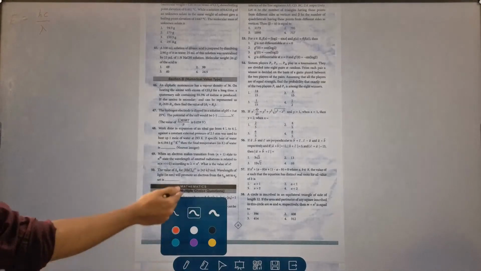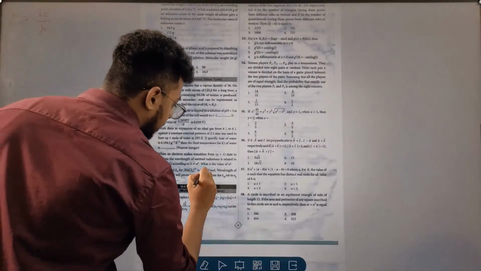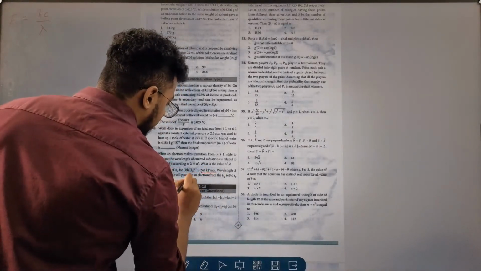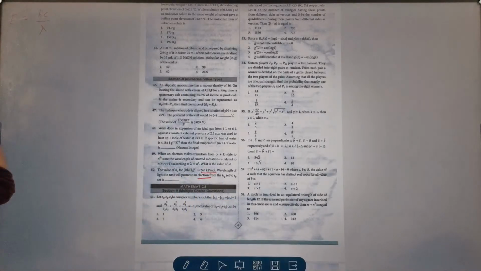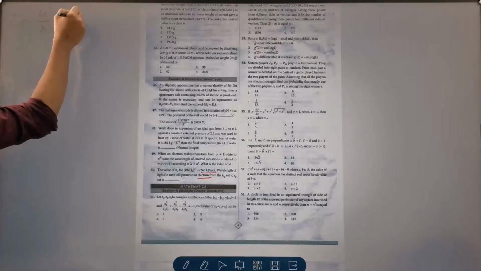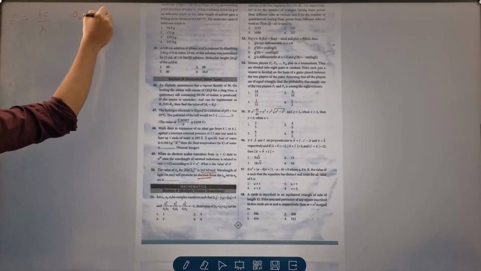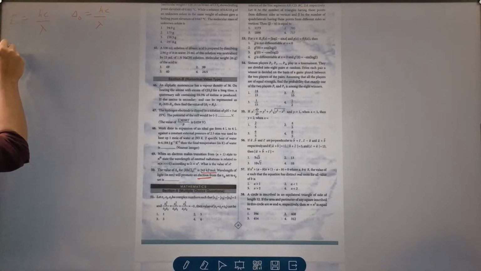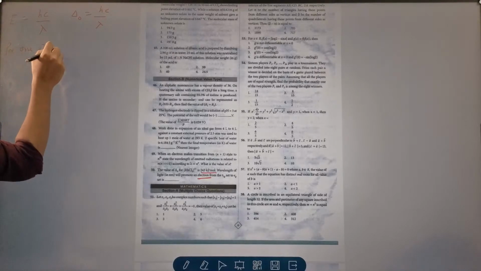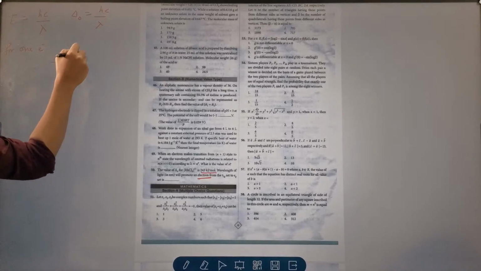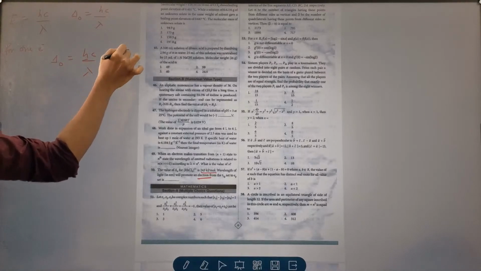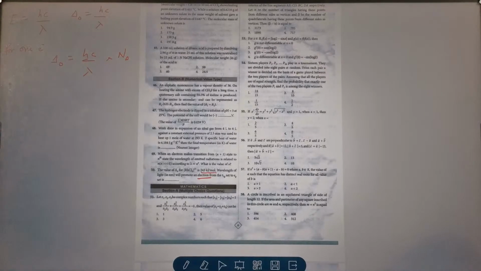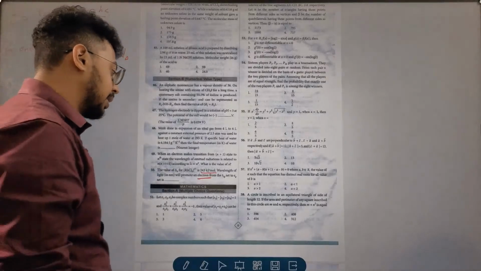Delta O is given as 243 kilojoules per mole, but this is for 1 mole. For 1 electron, delta O is equal to hc by lambda multiplied by the Avogadro number.